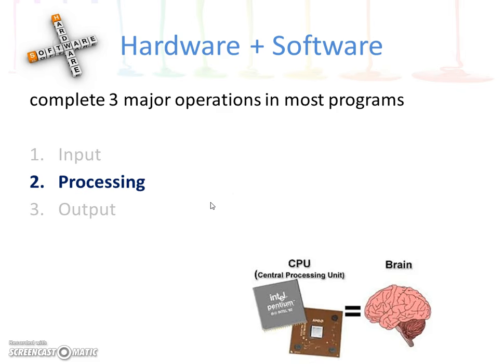It involves organizing. It involves sorting. It involves checking them for accuracy, performing calculations. That is processing. Now, what hardware component performs these types of tasks? It is our CPU, our central processing unit. It is the brain of our computer.